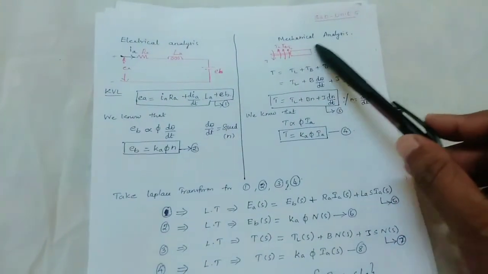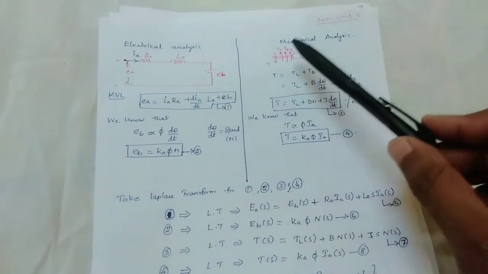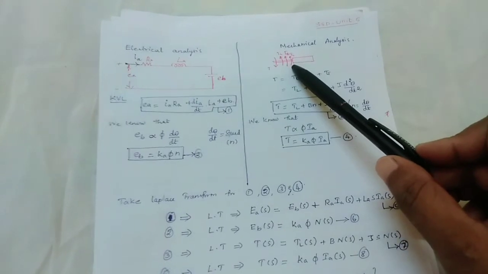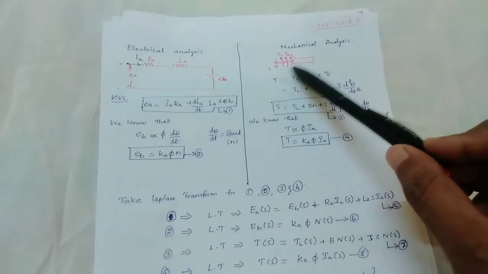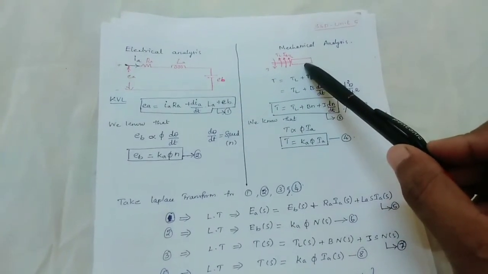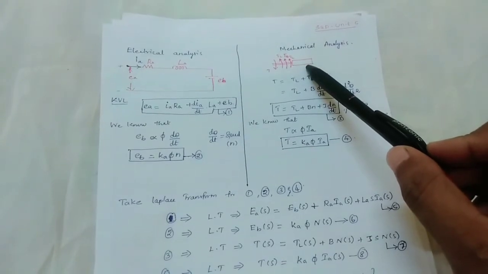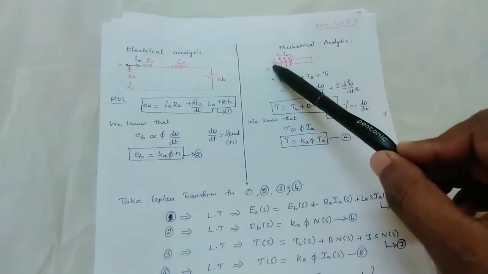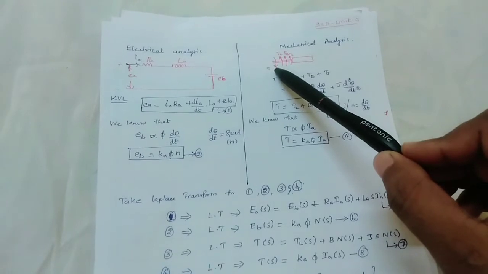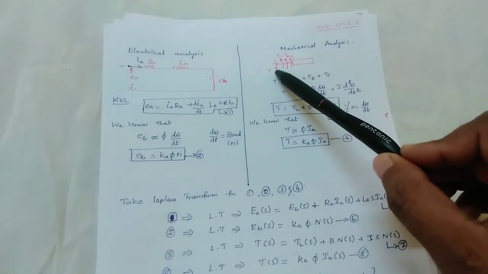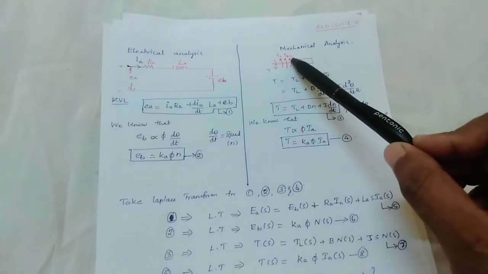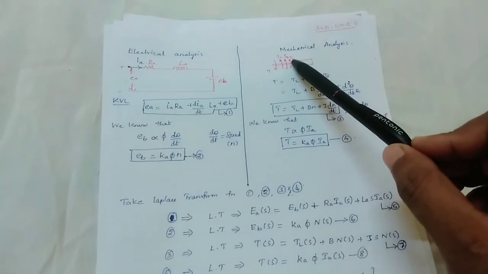Whereas in the mechanical analysis, we consider all the different torques. Here the torques are produced to oppose the torque produced by the motor. The direction of the torque T is opposite to all the torques available in the load.